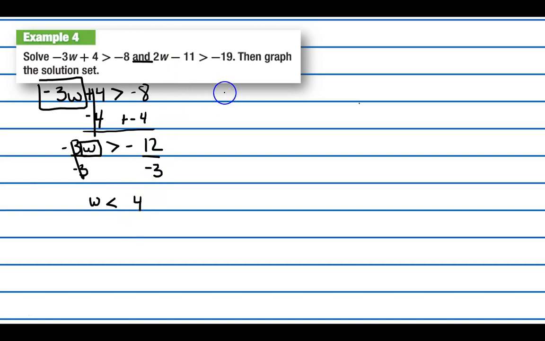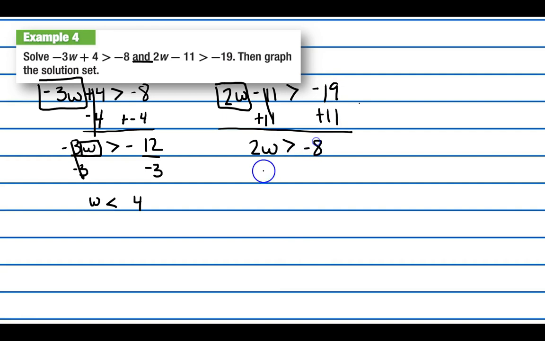So let's continue. Now we have 2w minus 11, which is greater than negative 19. Let's solve for our variable, which is w. Box the 2w, which means I need to add 11 to both sides. So we have 2w, which is greater than negative 8.